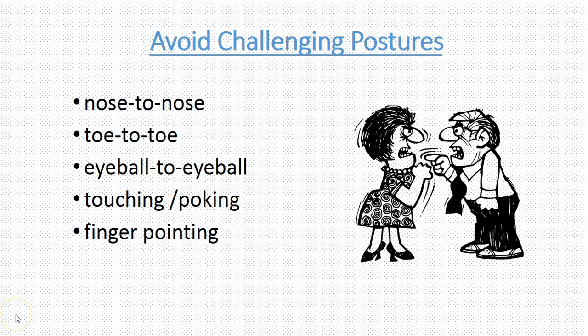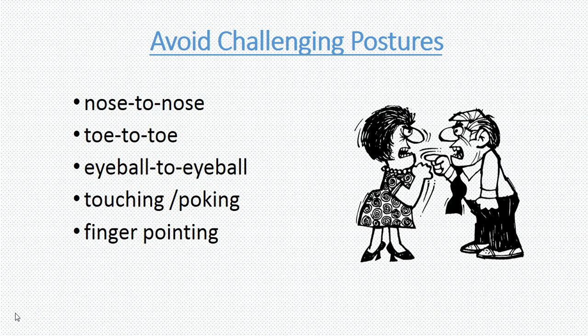Something else we need to consider, challenging postures. If you are nose to nose, toe to toe, eyeball to eyeball, if you're in someone's face, so to speak, you're too close to them. Being too close to them, being in their personal space, could raise their anxiety. When anxiety is raised, irrationality goes out the window.